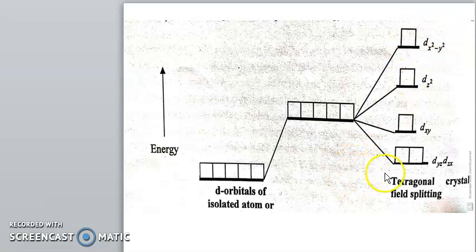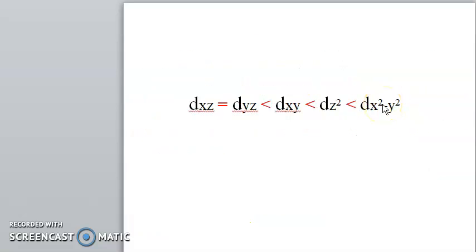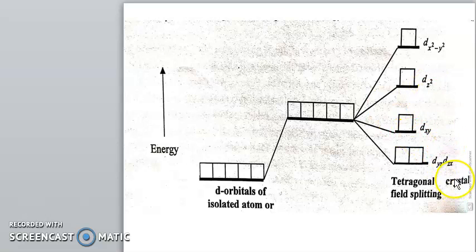But in this tetragonal or distorted octahedral splitting, the orbitals with z components, dz², dyz and dxz, experience less repulsion from the ligands than in octahedral geometry. So that's why they have less energy as compared to the octahedral field.